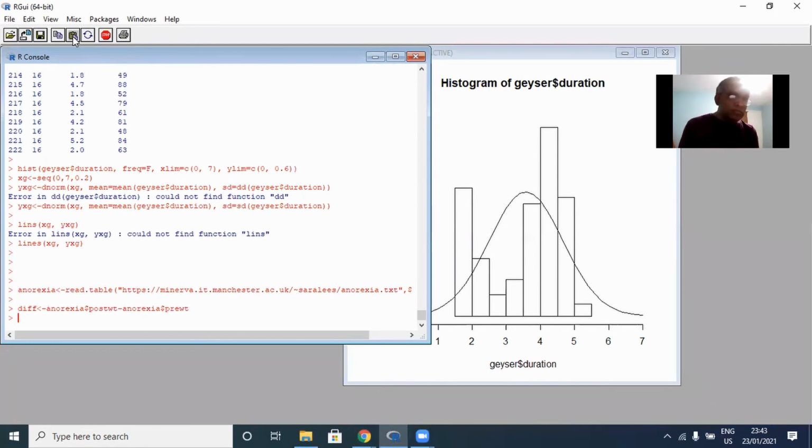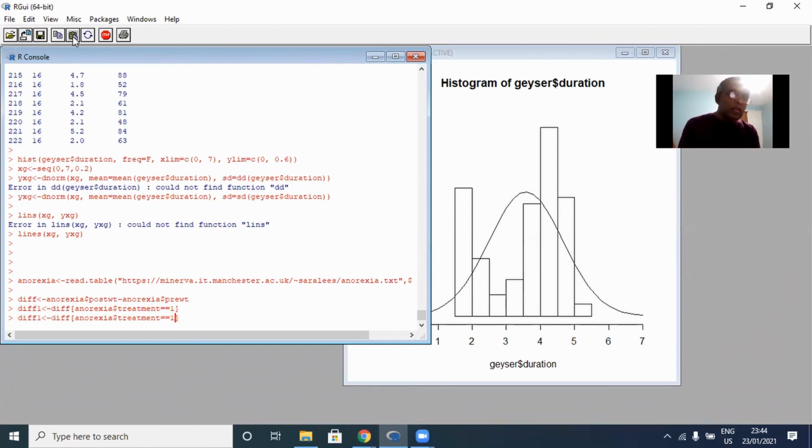All right, and then I'm going to create 3 different objects. So let's call it diff1. Diff1 is the differences when the treatment is equal to 1.